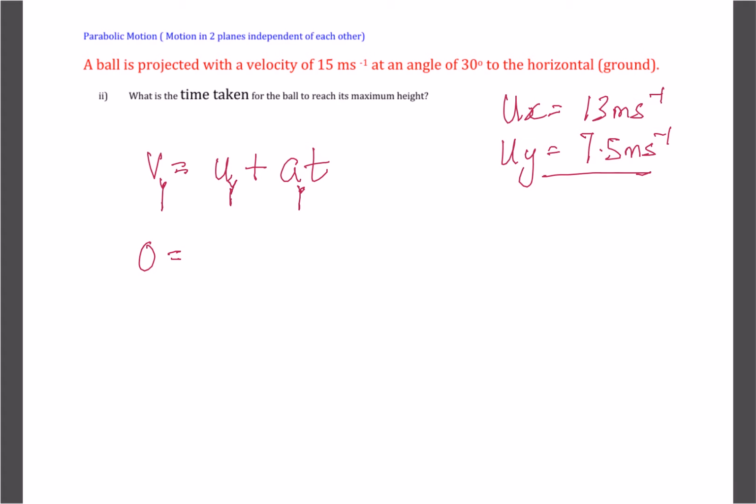This will be 7.5, and take note, if you take upwards as positive, then g is minus 9.81. From there you work out your time, which comes to something like 0.76 seconds, right?